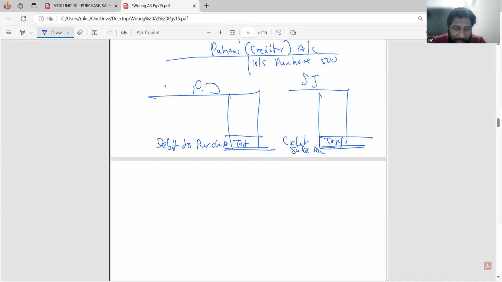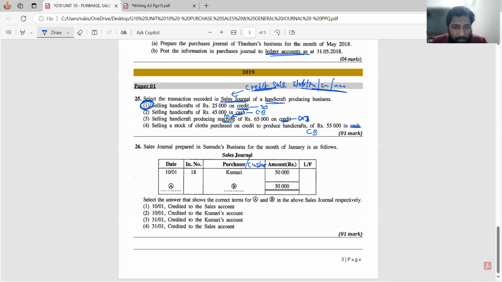So this should happen on the last day of the month. If it is January, the total calculation will happen on the last day. So this should be the last January.